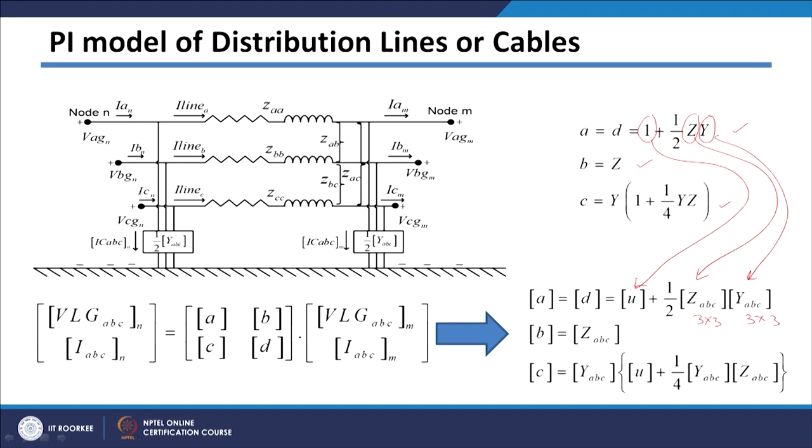So the structure remains the same, however the size of each element becomes 3 by 3. Similarly, this ZABC will be 3 by 3, and all the entries will be 3 by 3, otherwise the structure of the equation will remain the same.